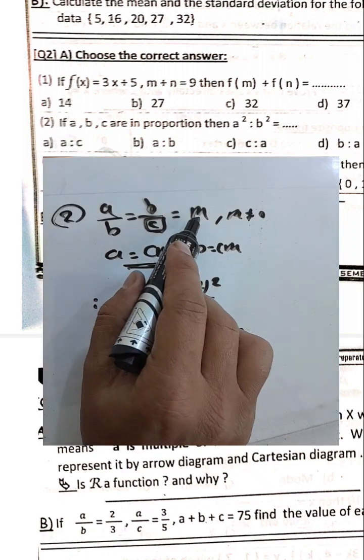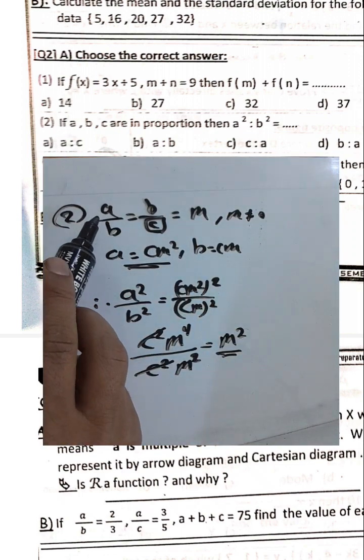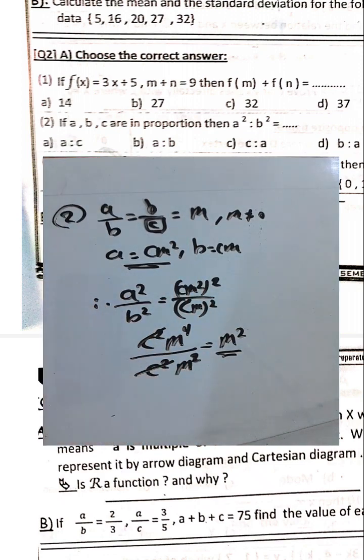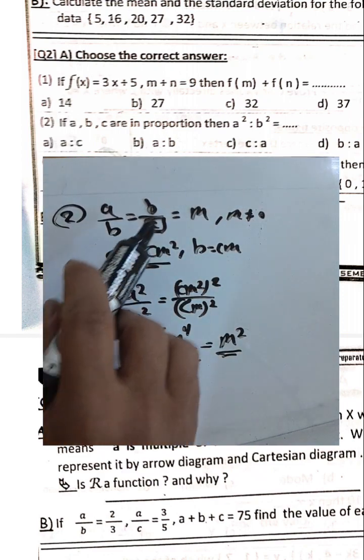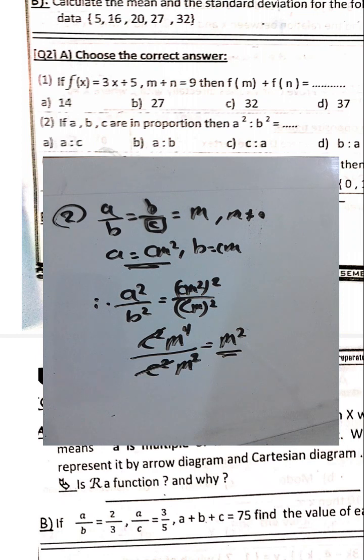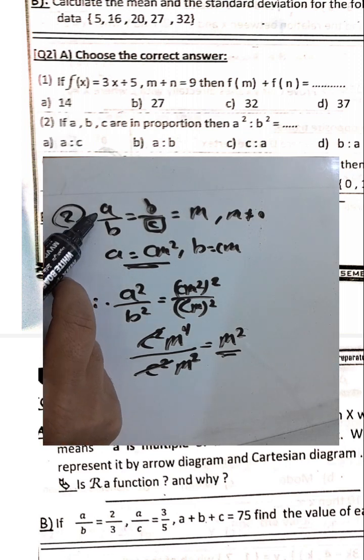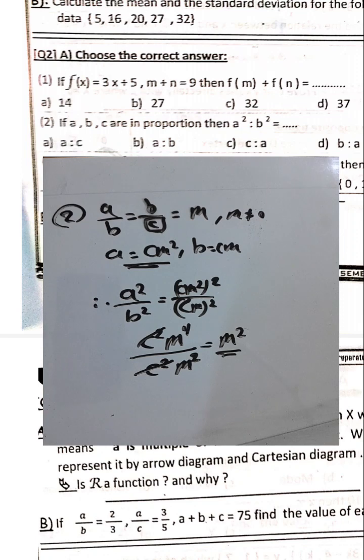M squared here will be any constant here. A over B equal B over C, and A equal Cm squared and B equal Cm. You want to find the ratio between A squared and B squared. Okay, A squared over B squared equal what here?